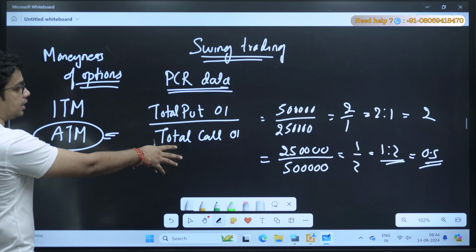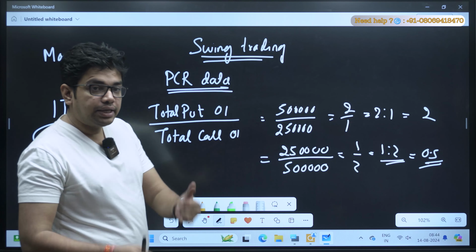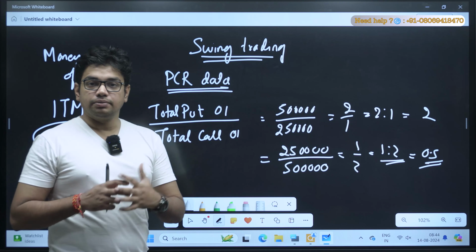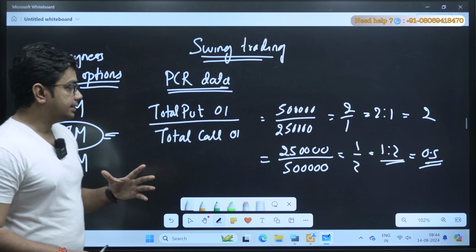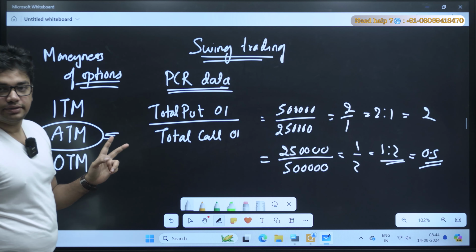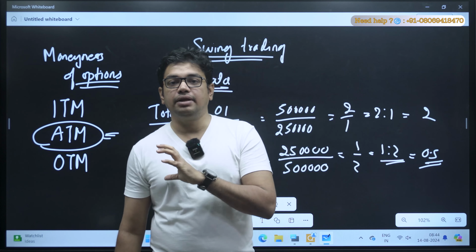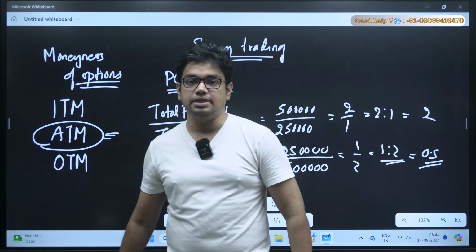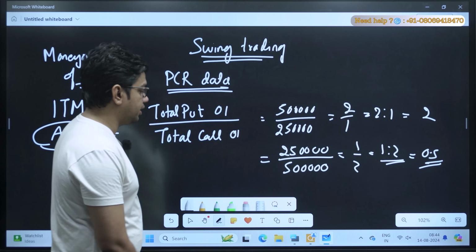In normal PCR data, the changes taking place at any point of time will reflect. But in modified PCR, when it comes to the driving factor for the direction of the stock, they consider ATM level changes. Whatever changes take place at the ATM level in the options OI will be reflected in the modified OI PCR. Let me show you how it will change.